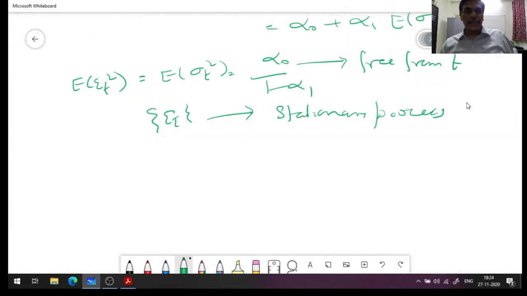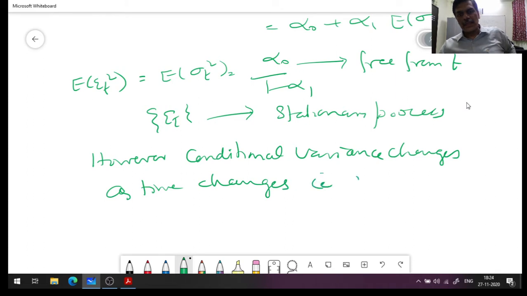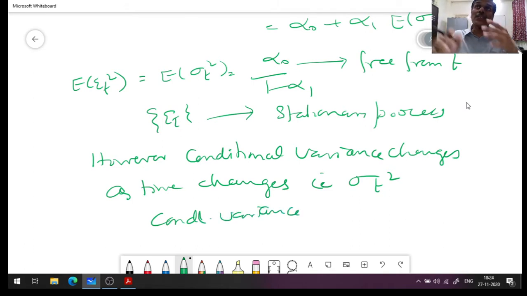However, the conditional variance changes as time changes. That is sigma_t squared, which is the conditional variance. So you see, it is the variation.